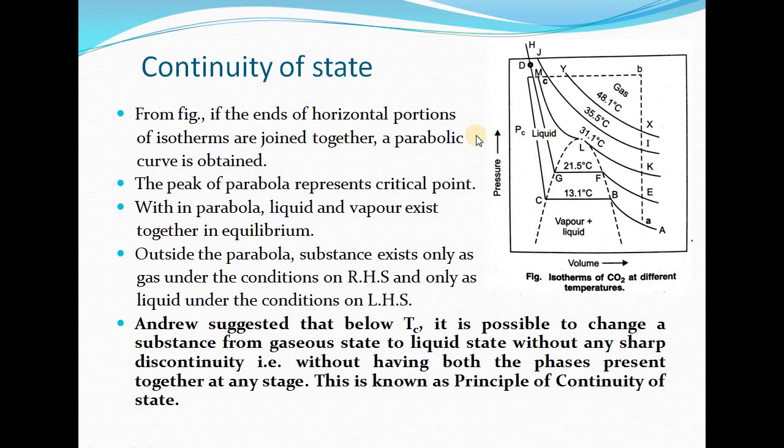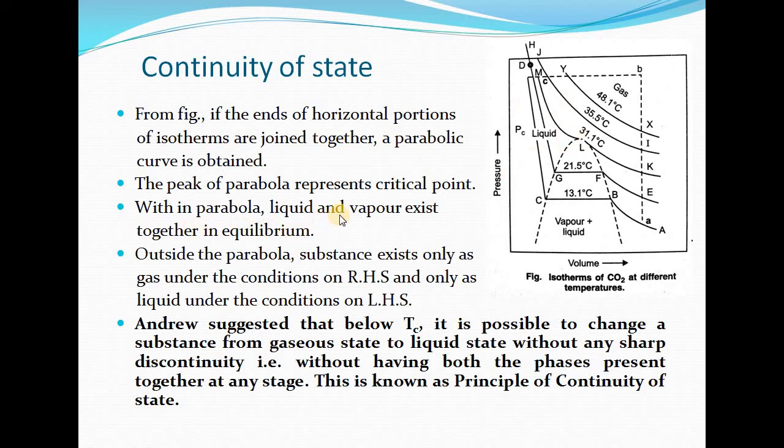Now, what we are observing from this figure, if the ends of the horizontal portions of the isotherms are joined together, we are getting a parabolic curve. And the peak of the parabolic curve is representing the critical temperature. This is the critical point from which we are getting the critical constants of the gas.